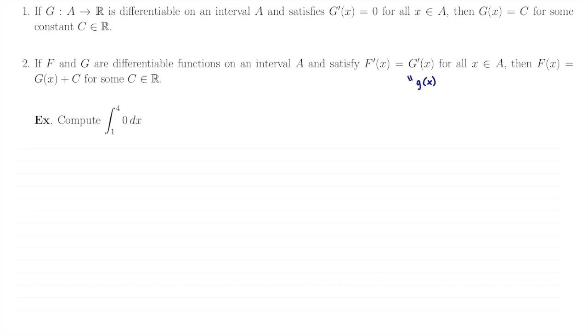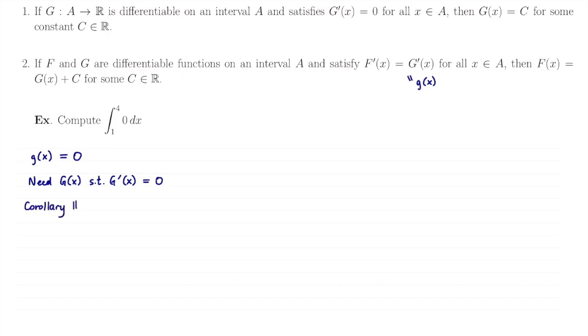Okay, now let's integrate from 1 to 4, 0 dx. Here, g of x from the statement of the fundamental theorem of calculus part 2 is 0. We need a function capital G of x so that G prime is little g of x, which of course is 0.